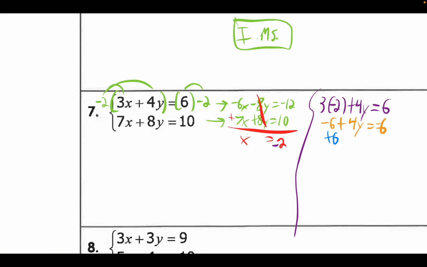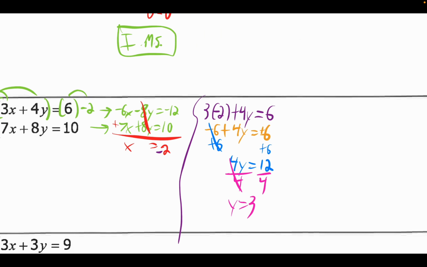Add 6 to both sides. I don't know why in the orange I wrote that right one as a negative 6. That's a positive 6. 2 mistakes on one problem. Woohoo! 4y equals 12. Now as I divide by 4, I end up getting y to be 3. So my answer to this whole thing is negative 2 comma positive 3.